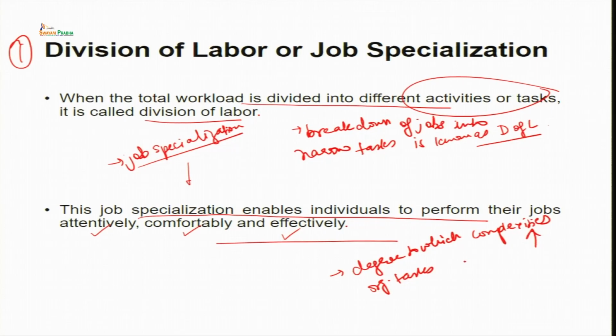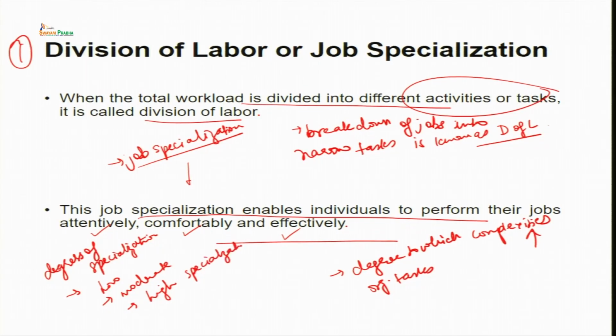An organization may opt for any one of 3 different degrees of specialization. And what are these? They can be low, moderate or high specialization. Job specialization is often seen as a normal extension of organizational growth.